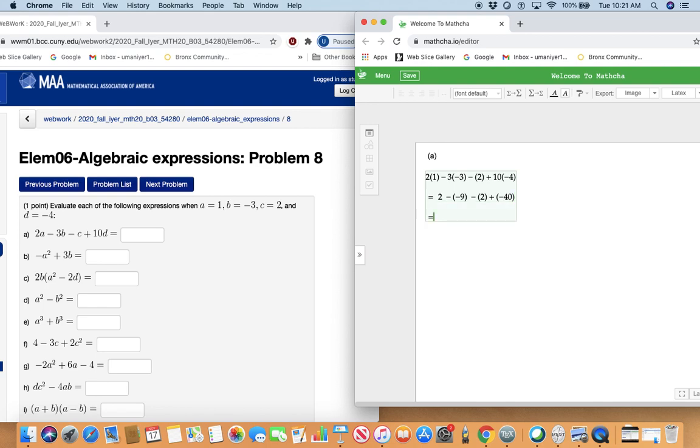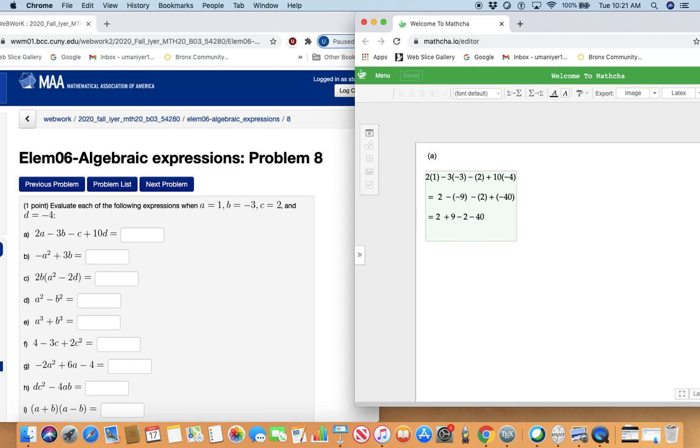Now that all the multiplications are done, open all the parentheses. 2, negative followed by negative is a positive 9, minus 2, positive followed by a negative is a -40.